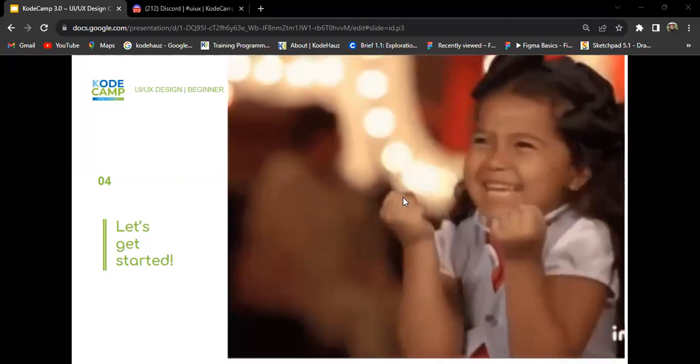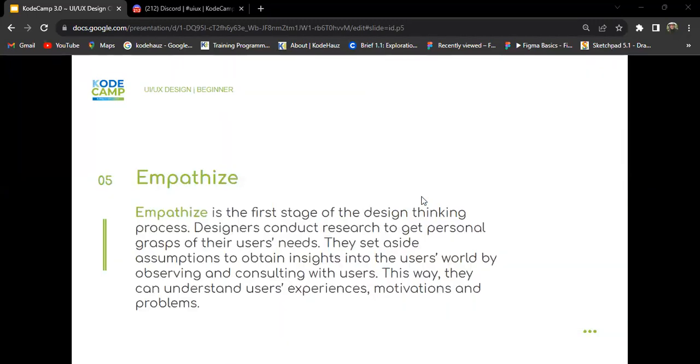All right, so what exactly is empathy? We're talking about the empathize stage. First of all, what is empathy? Empathy is the ability to see the world through other people's eyes, to see what they see, feel what they feel, and experience things as they do.